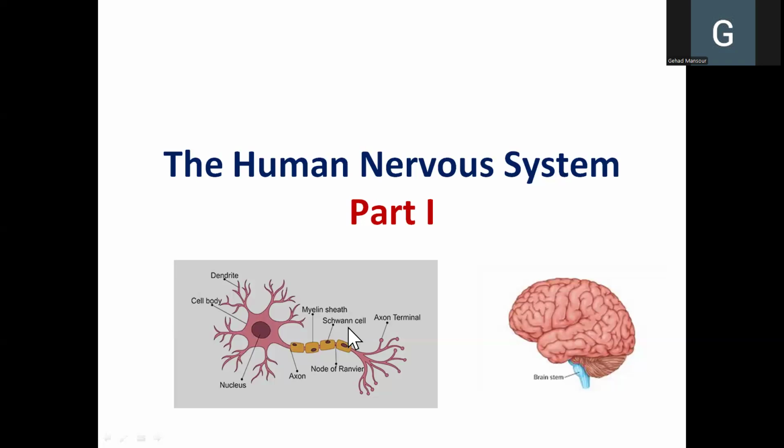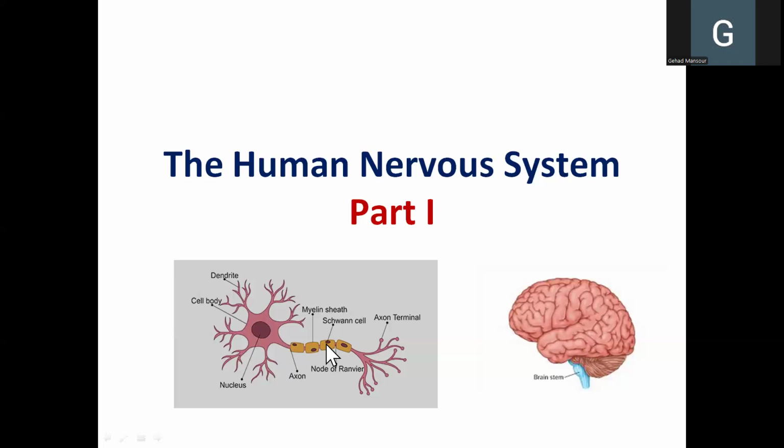But the Schwann cell has another important function other than just making the myelin sheath. The Schwann cell helps in repair of the axon. If the axon is cut because of a mechanical injury, for example, then the Schwann cell will de-differentiate, and then differentiate.